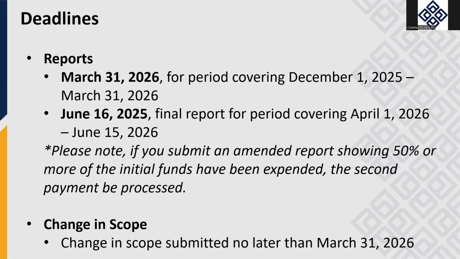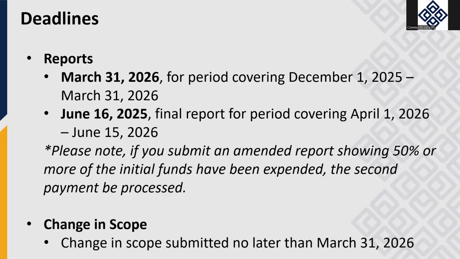Please note, the first report is due by March 31st for the period covering December 1 of 2025 through March 31st of 2026. If your project is not complete and you will not have expended all of your SIG and matching funds, you will have one more report to submit by June 16th of 2026.